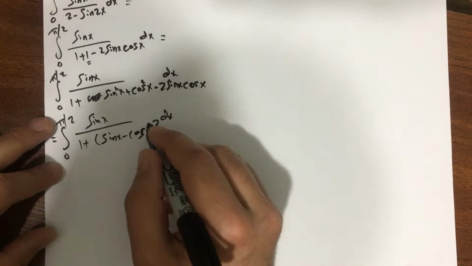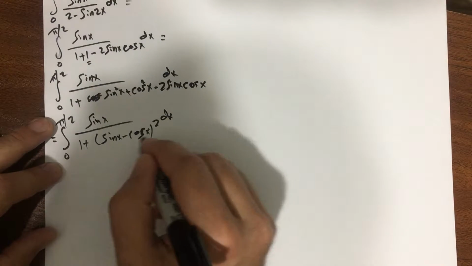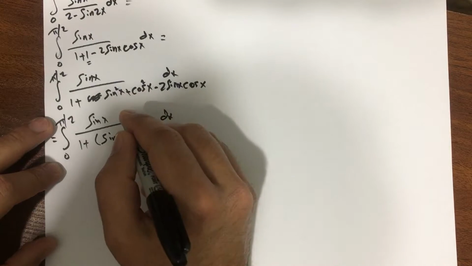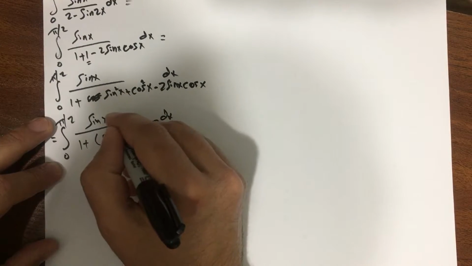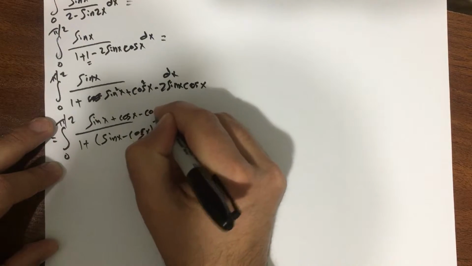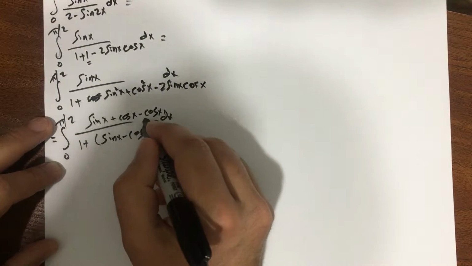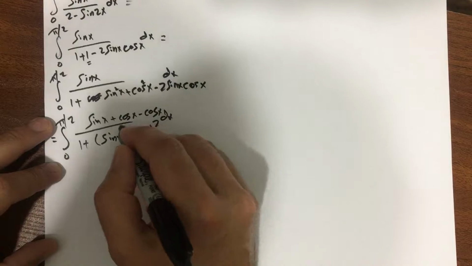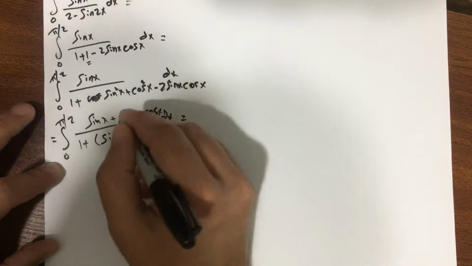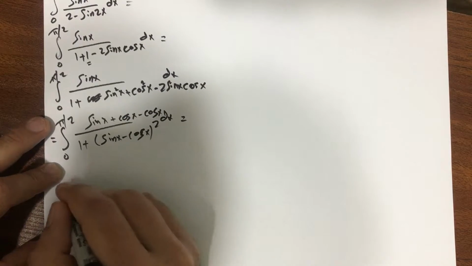Now notice that if we let u equal sin x minus cosine x, then du equals sin x plus cosine x. So we can add here in the numerator plus cosine x minus cosine x. Now cosine x minus cosine x is 0, and this does not affect the integral value in any way. So this equals, now we split this into two fractions and two integrals.